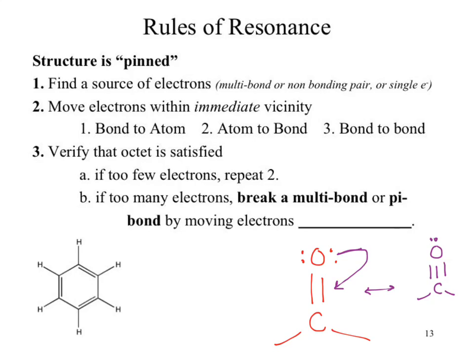Right? So I now have to go back to that structure and decide or move another pair of electrons. Well, I've got the pi bond that I just made, or the multi-bond that I just made, so I could move that right back to the oxygen, or I could try and move the other pi bond. Where can I move the other pi bond?